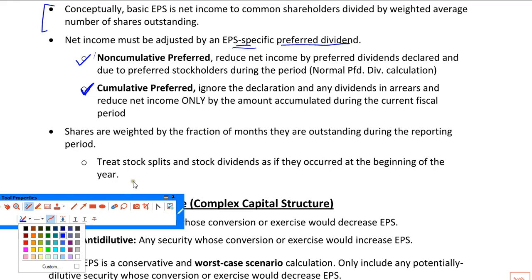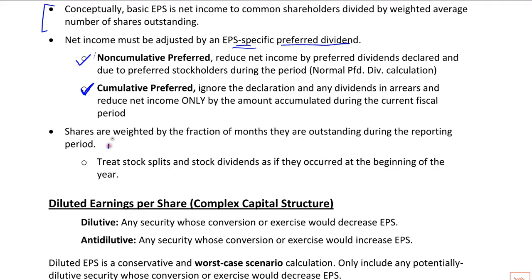Alright, now let's say on 1/1 of FYX1, you have 500,000 shares. On 7/1 of FYX1, you issue 200,000 shares.